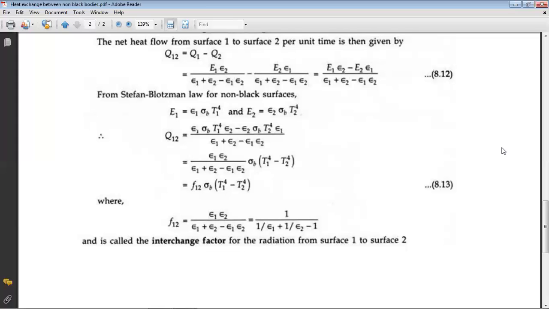The radiation emitted by it cannot fall on the same surface. Hence F1 on 1 will be 0. But we know that F1 on 1 plus F1 on 2 should be equal to 1. If F1 on 1 is 0, F1 on 2 should be equal to 1, considering two surfaces. If there are three surfaces, F1 on 1 is 0, F1 on 2 plus F1 on 3 should be equal to 1.